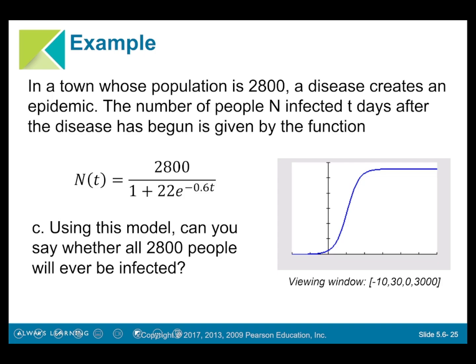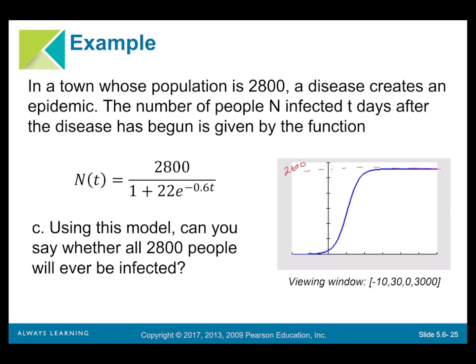Now, in part C, we're asked, using this model, can we say whether all 2,800 people will ever be infected? I did go ahead and give you the graph here so you can see what's happening. Right here at the top, we have a horizontal asymptote at 2,800. Given what we know about horizontal asymptotes, they only ever approach that line.